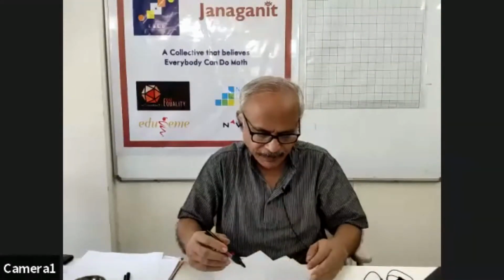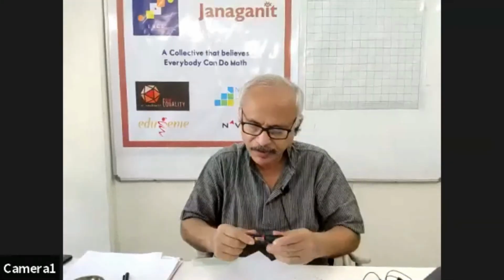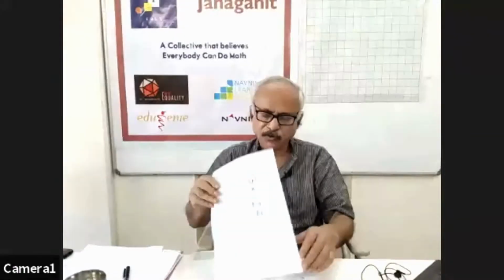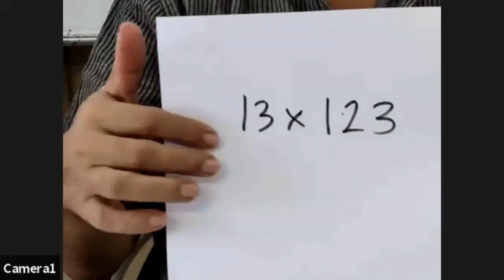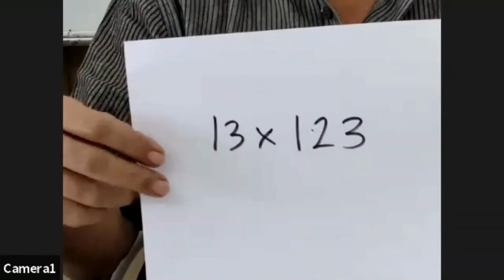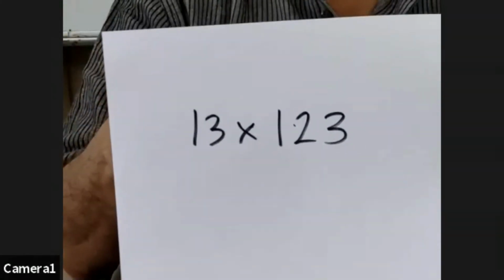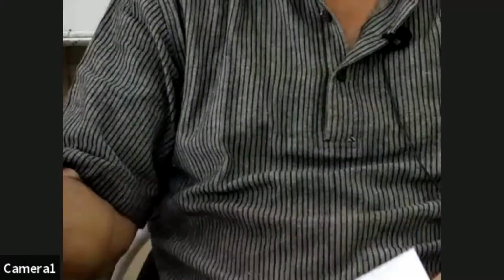Now, of course, I can't draw this in centimeters accurately. 13 centimeters I can put on graph paper. But if I want to put 123 centimeters, my graph paper will have to be this big. Because 123 centimeters is 1 meter plus 20 centimeters plus 3 centimeters.